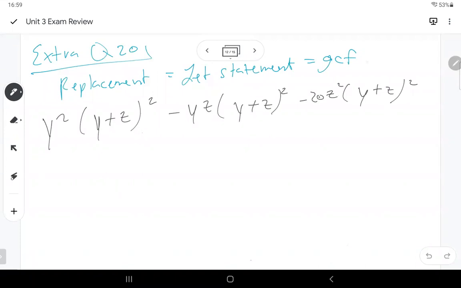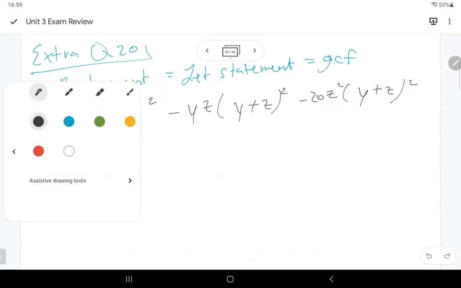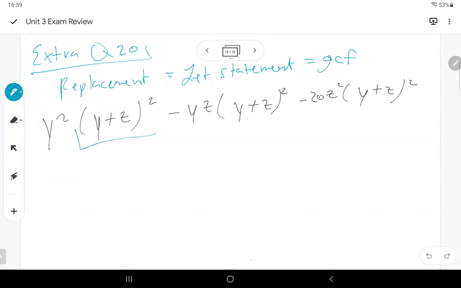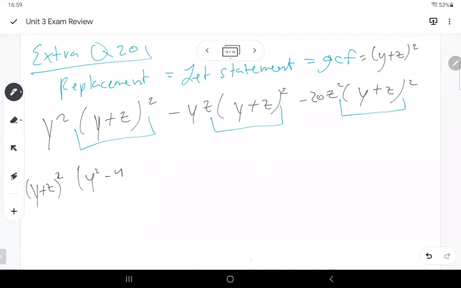So our GCF here, take a look. We have the same squared binomial in all 3 places. So it's going to be y plus z squared on the outside. That's our GCF. And then what we have left here is y squared minus yz minus 20z squared.